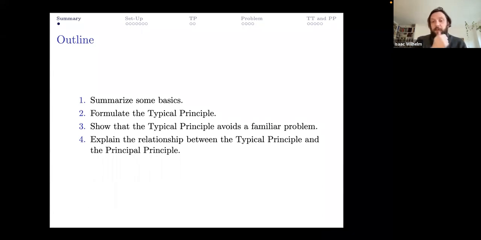So whereas the typical principle establishes a link between facts about what's typical and rational beliefs, that principle does so analogously for chances and credences. I'm going to talk about how the typical principle actually implies a big chunk of that principle. I'll explain a little more precisely what I mean by that later on.